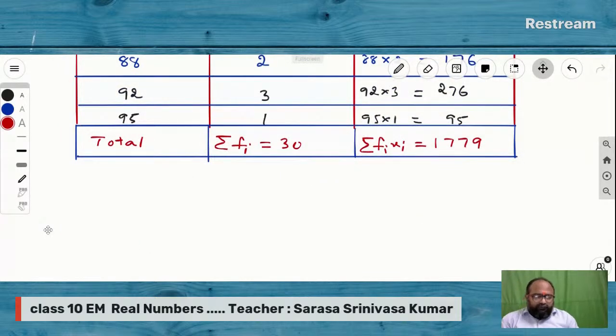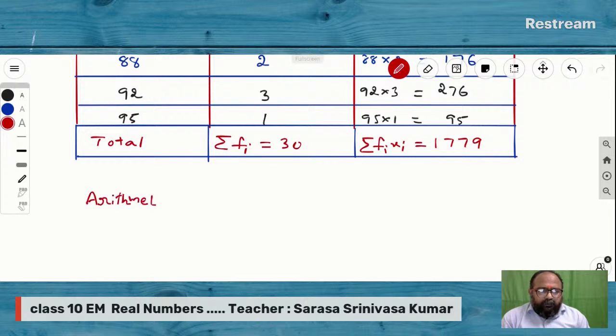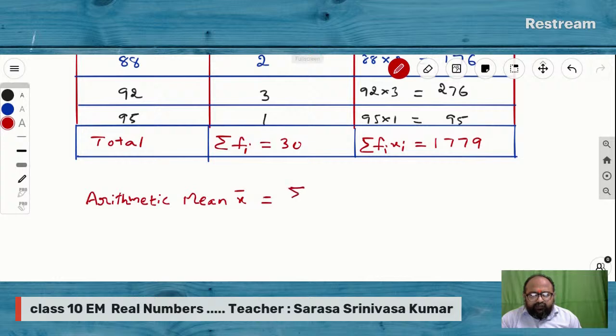Now, arithmetic mean. We note down the formula. Arithmetic mean, x bar equal to sigma Fi xi by sigma Fi.